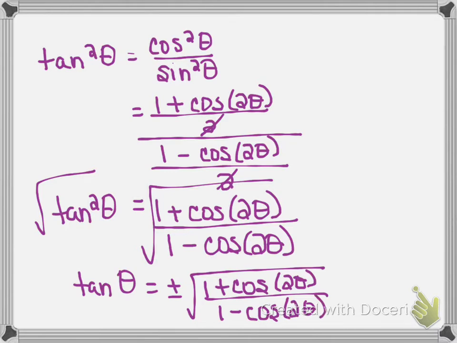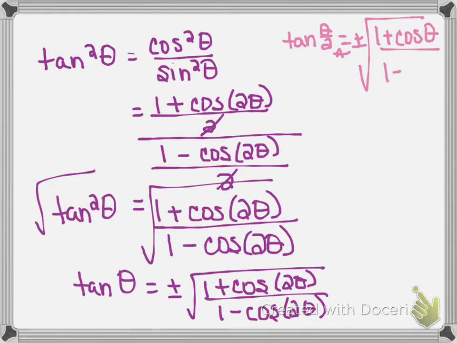And again, to make it match the formula sheet, you can say the first angle is tangent of theta over 2, and then that lets you go in the square root, plus or minus, 1 plus cosine theta over 1 minus cosine theta.